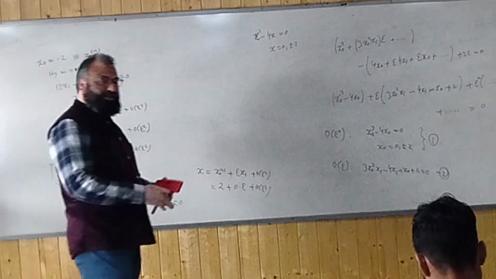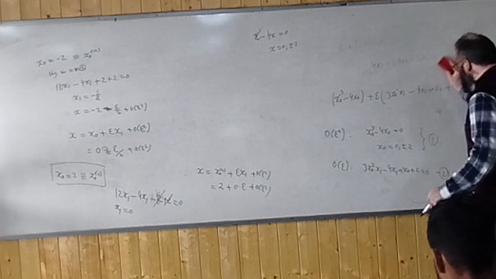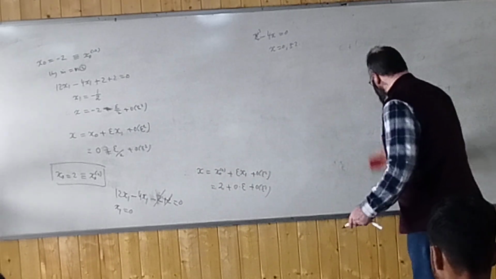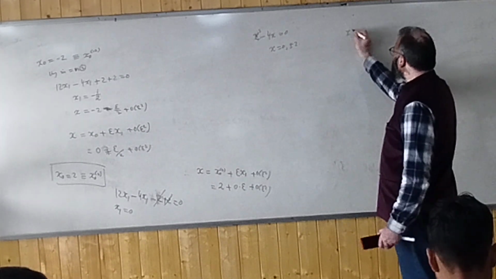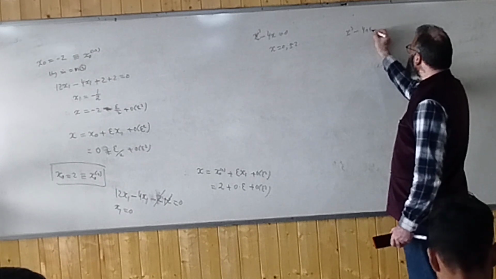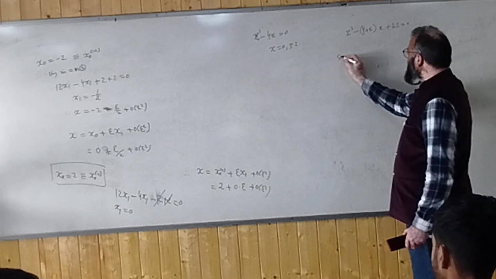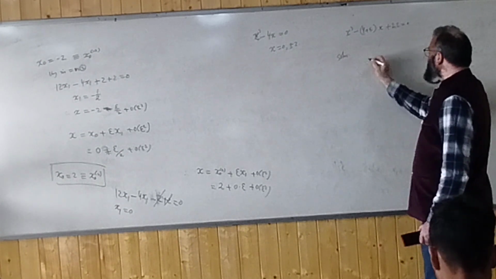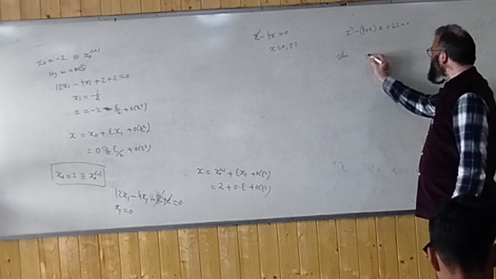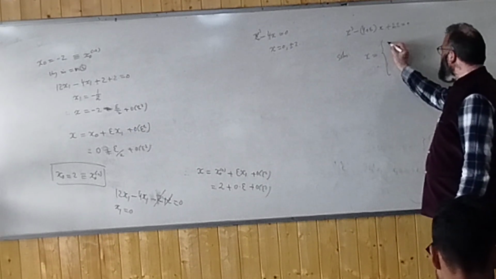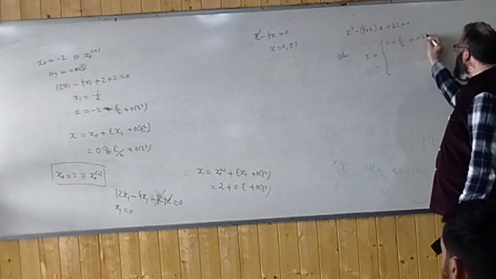Got it? So up to the first order correction, you have this very equation. What are its solutions? The solutions are x is equal to 0 plus epsilon by 2 plus order epsilon square.